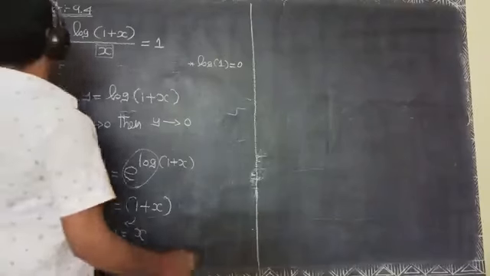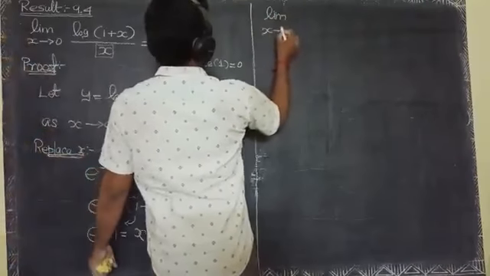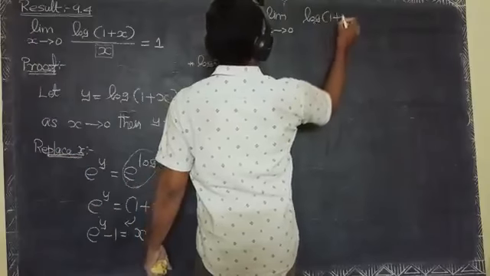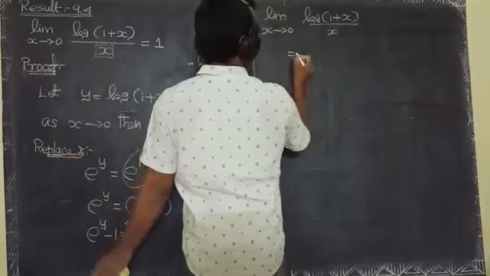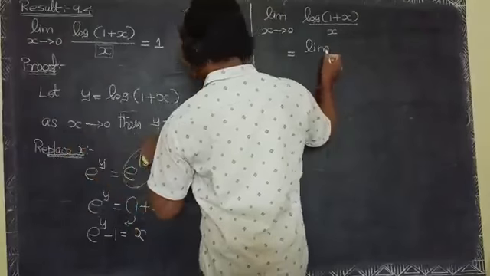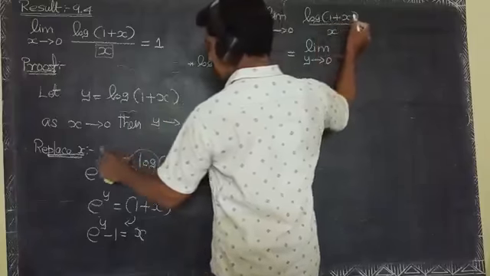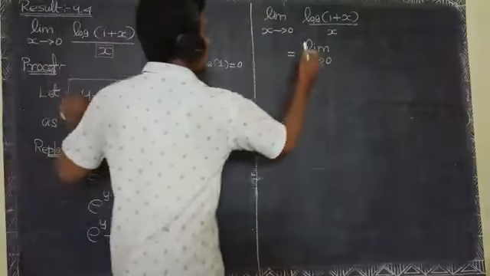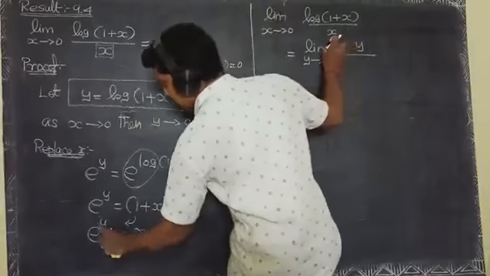Here the given function, limit x approaches 0 of log of 1 plus x divided by x, is equal to limit y approaches 0 of y divided by x, where log of 1 plus x is equal to y and x is e power y minus 1.